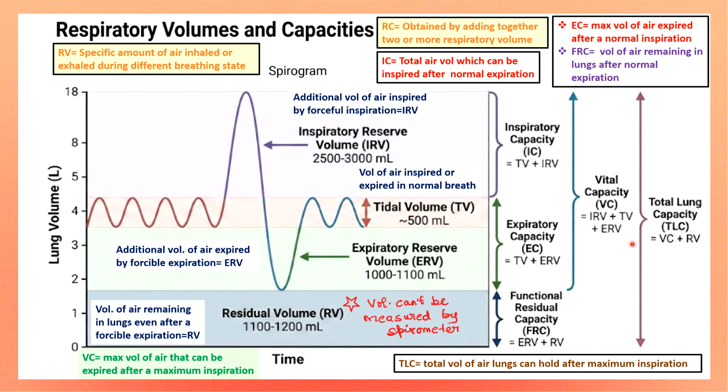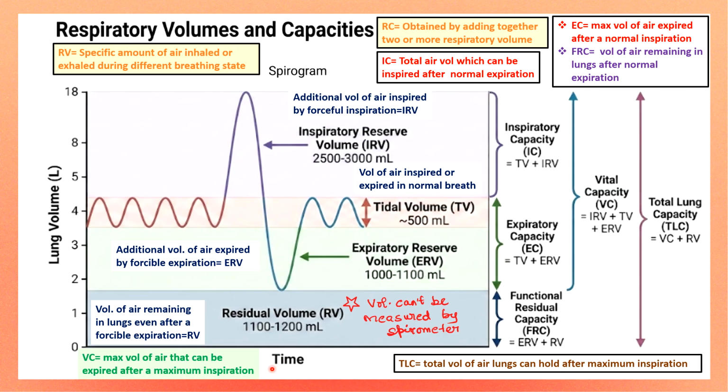Okay. Now we have vital capacity. Vital capacity is nothing but IRV plus TV plus ERV. Very, very important. IRV plus TV plus ERV is called the vital capacity. What is it? Vital capacity is the maximum volume of air that can be expired after a maximum inspiration.